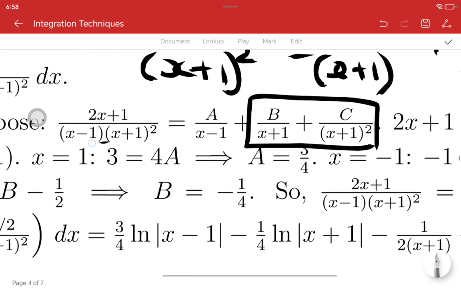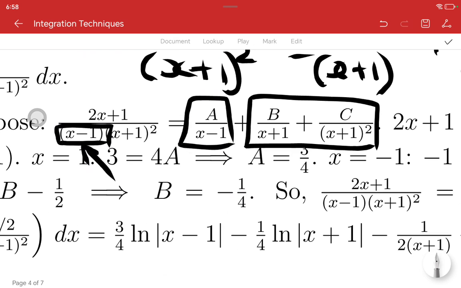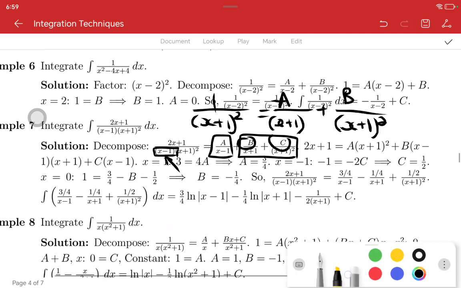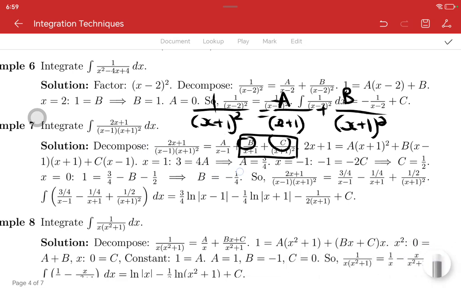Then this one is separate. So we start with A over x plus 1, then B over (x plus 1) squared, and this one will say C. Is it fine, guys? So it's going to be simple when we apply this technique, right?